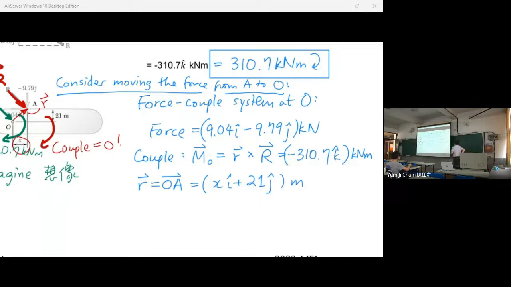We know the force couple system at O is from part A. We know the force is this and the couple is this. We consider page 34.